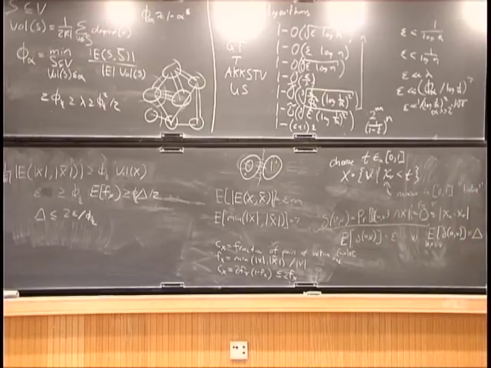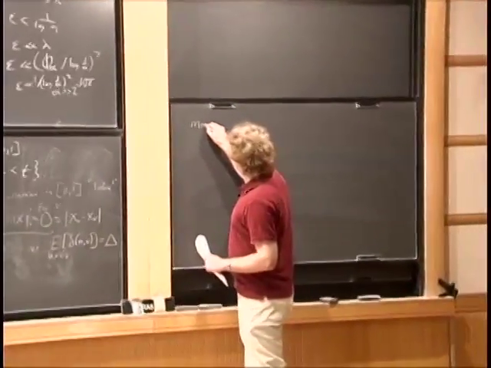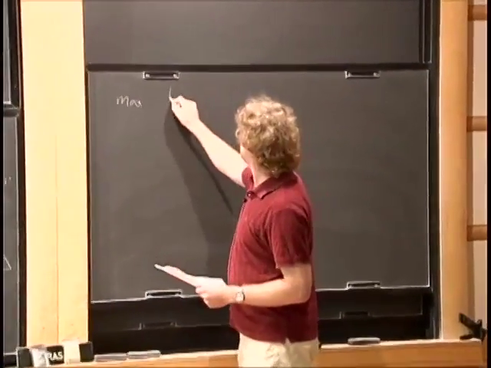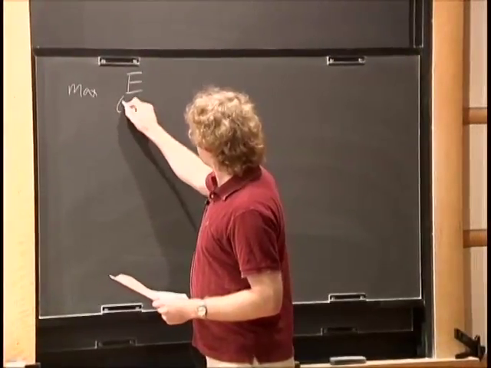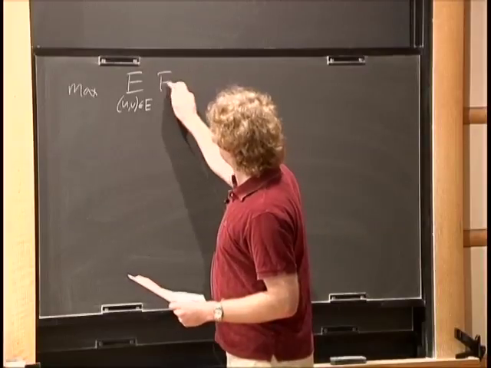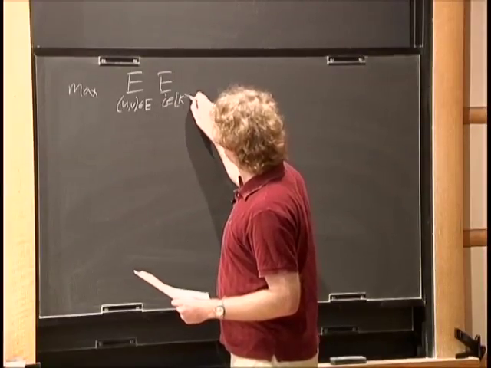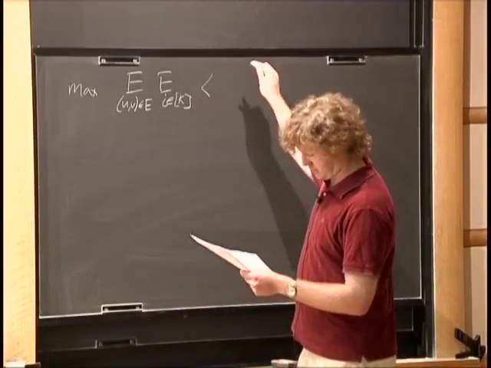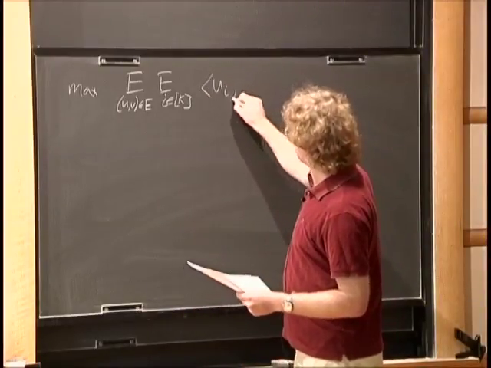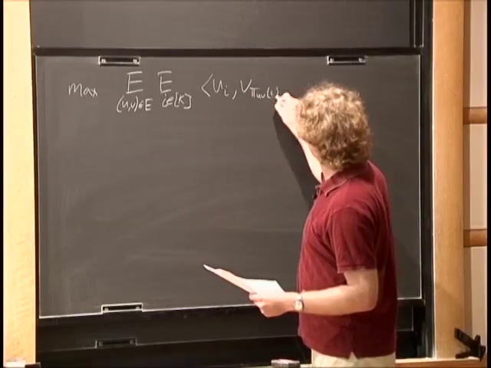So let me go into somewhat more detail about what the algorithm actually does. We start with essentially the same semi-definite program as AKKS-TV, which is to maximize the average over all edges UV of the average over all labels I of the inner product of U_I and V_{pi_UV(I)}.